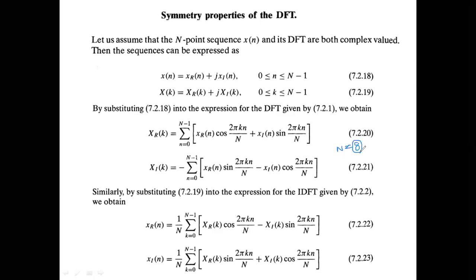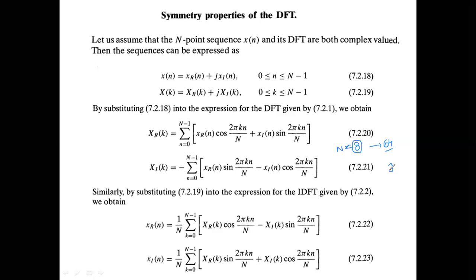So suppose you have been asked to calculate not 8 but a 64-point DFT. Then the same property implies that you don't have to calculate 64 equations. Except for the first value and the midpoint, you need to calculate only 64 divided by 2 plus 1.